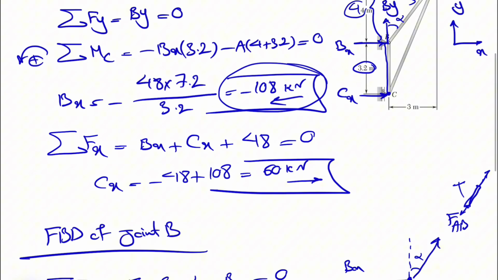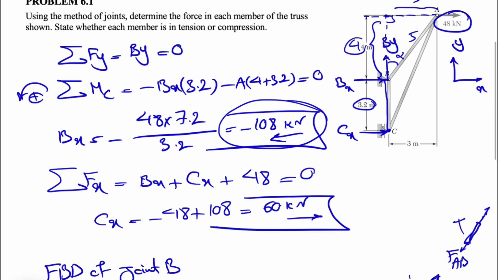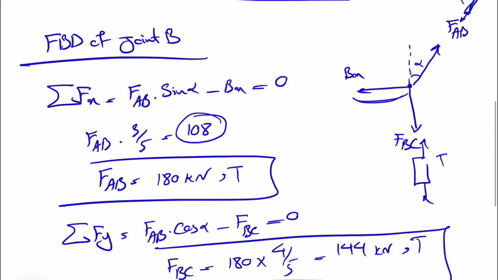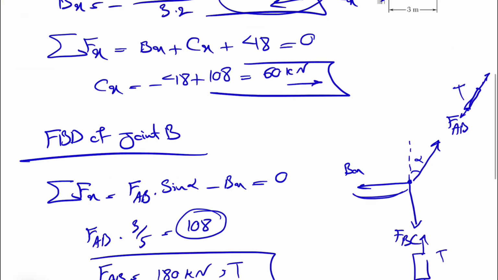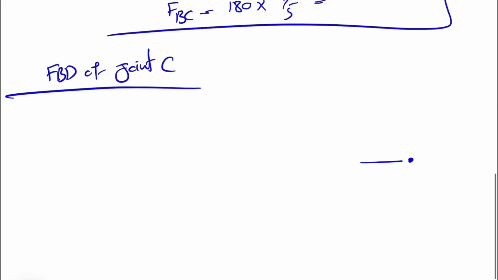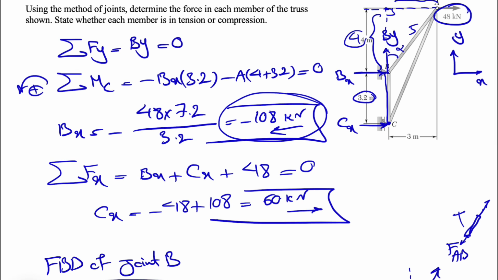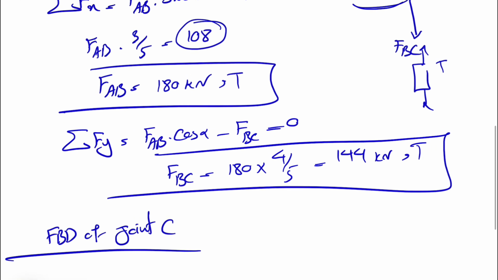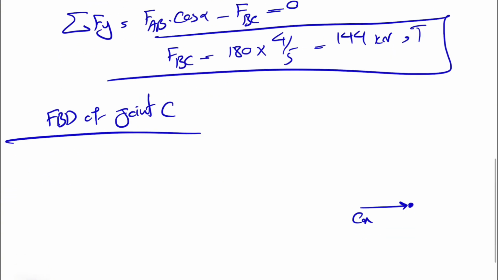So now we have the force in FAB and FBC. There is only one left, and that's the force in member AC. So we can do the free body diagram of joint C. So let's see what we have for joint C. So if we look at C, we have Cx to the right, and we have two forces of FBC and FAC. So since the member BC is in tension, the force would be in the opposite direction.